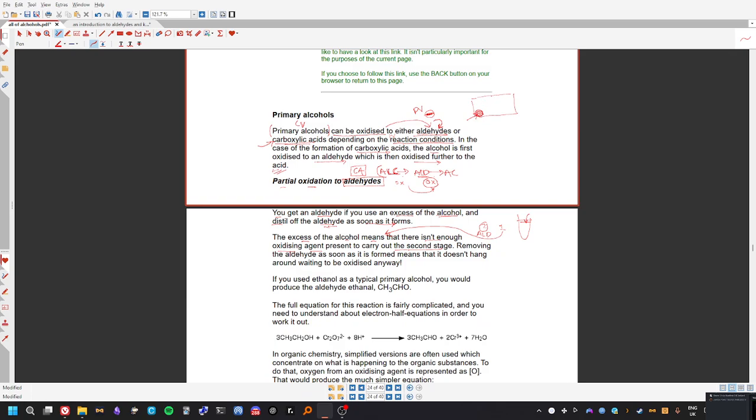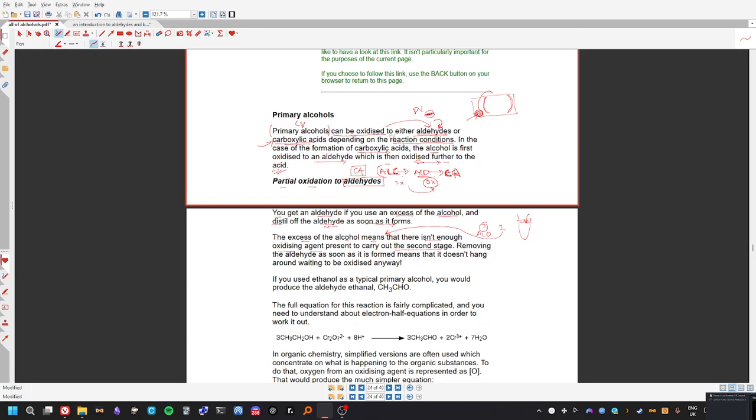Now, the more you increase the amount of alcohol, the more it'll cause the oxidizing agent to be used up for only the first step, to turn the alcohol into aldehyde, rather than the aldehyde being turned into the carboxylic acid. I don't know why I wrote AC, it's CA.